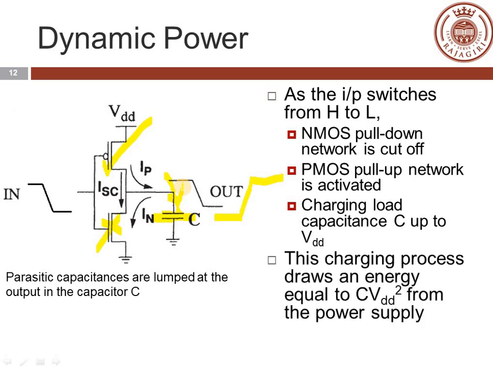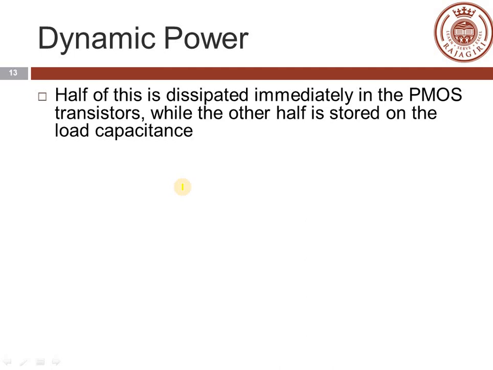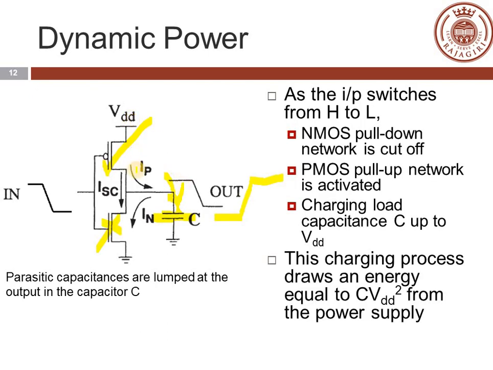This charging process draws an energy equal to C times VDD squared from the power supply. Half of this energy is immediately dissipated in the PMOS transistors, while the other half is stored on the load capacitance. That is, from the supply, C times VDD squared energy will be consumed.